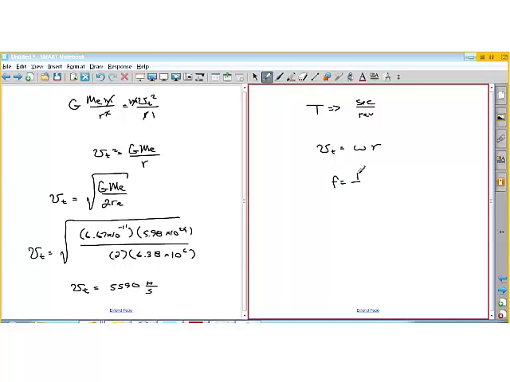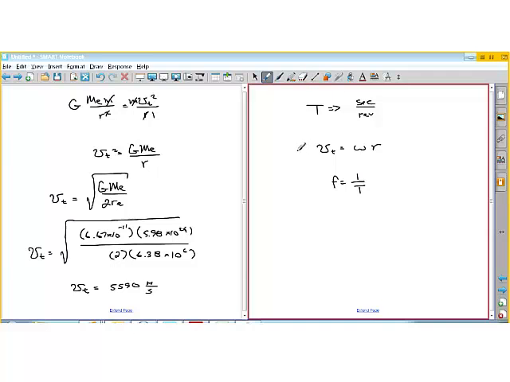We know the frequency is 1 over the period. I'm trying to remember how this goes. Tangential velocity, omega times r.